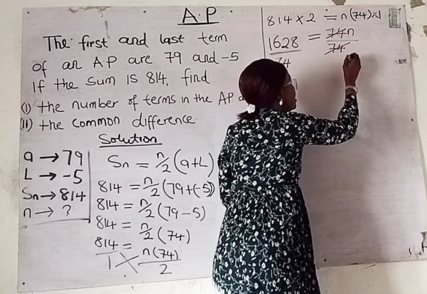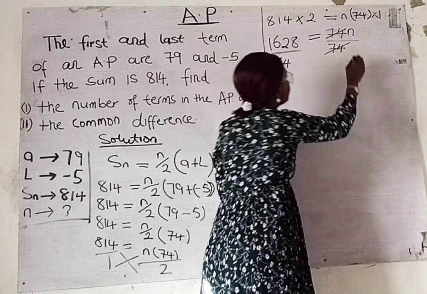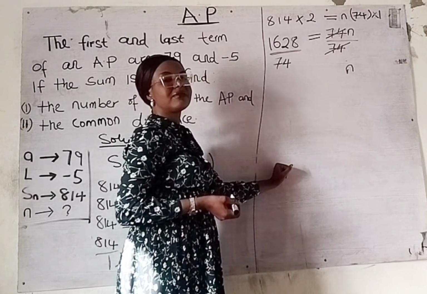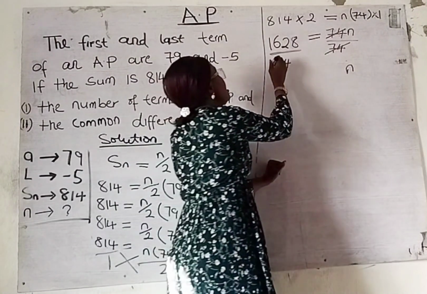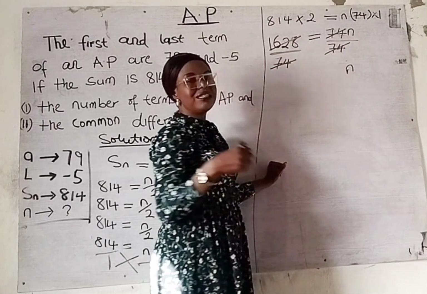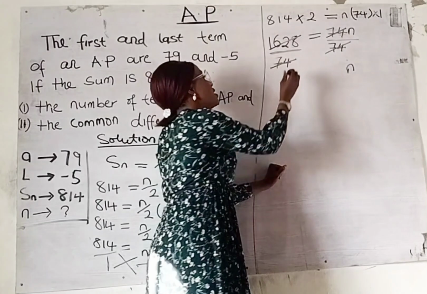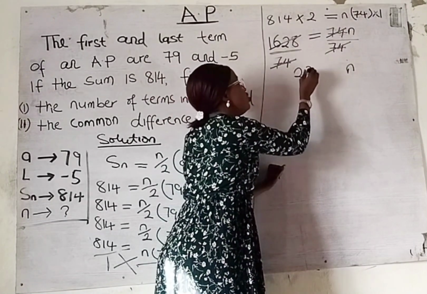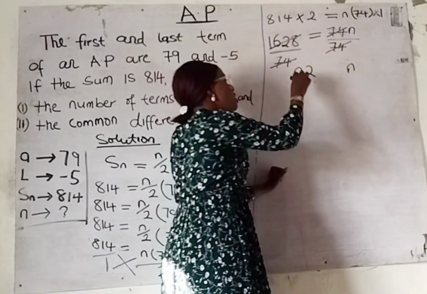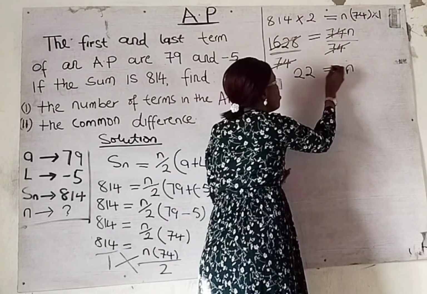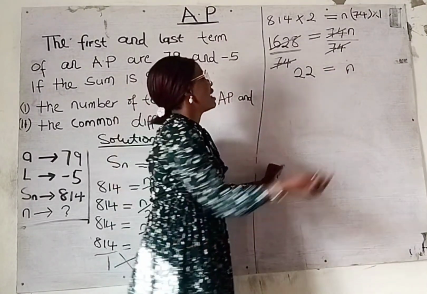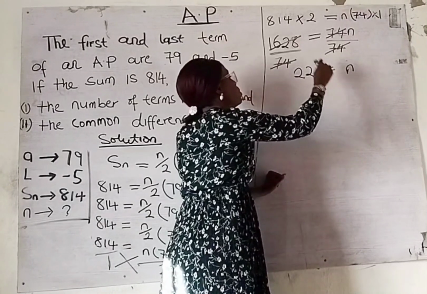N stands alone now. And if 74 divides 1628, it will give us what? It will give us 22. Which means 22 is equals to n. And which also means that n is equals to 22.